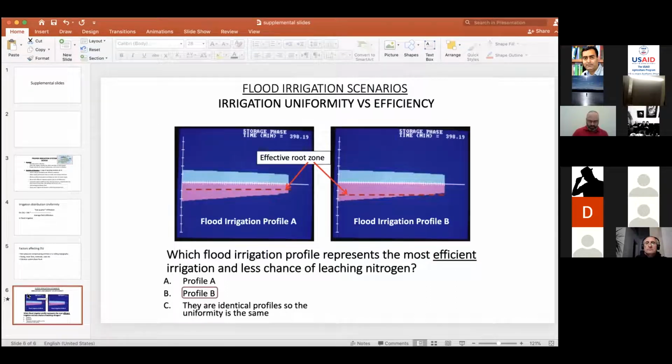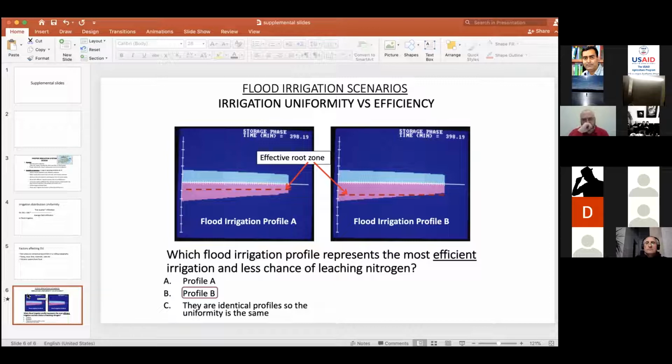Just as a scenario here, I have two pictures, giving you an idea of irrigation uniformity versus irrigation efficiency. These are two terms we use, and sometimes they can be misunderstood or confused.